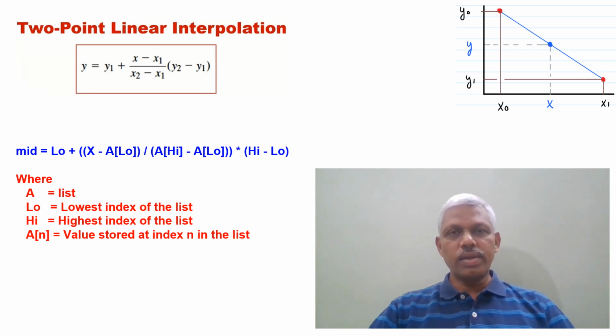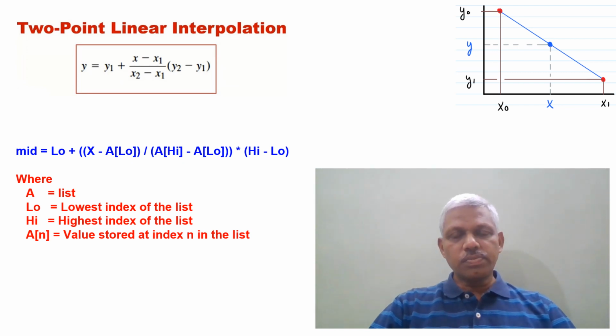So whenever x1, y1 and x2, y2 are the two points, and if at x I want to know the value of y, then y can be computed in terms of the given data points as y1 plus (x minus x1) by (x2 minus x1) into (y2 minus y1). So the given range is divided and the fraction of the location is identified with this formula.